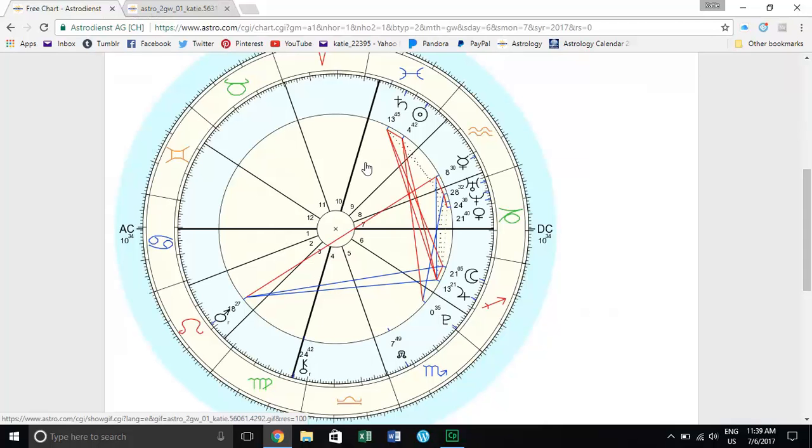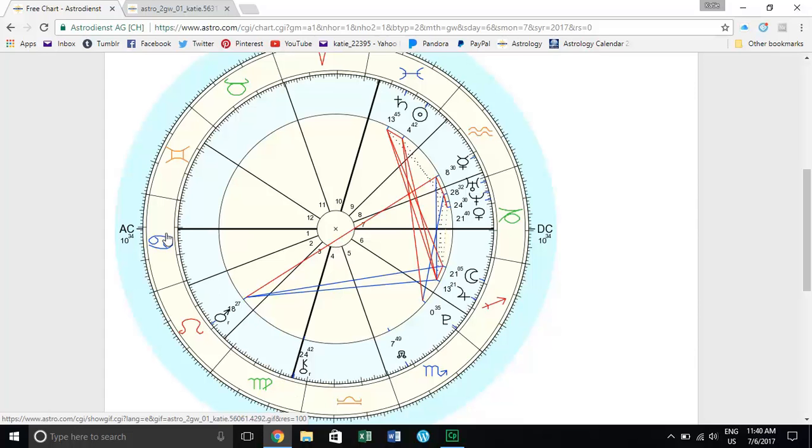You'll also see this upper vertical line going from the highest to the lowest part of your chart. It might not be completely vertical just depending on where you're born, but it theoretically runs vertical through your chart. The top of it is the very top of the sky at the moment of your birth, and the bottom of it was directly below you at your moment of birth.